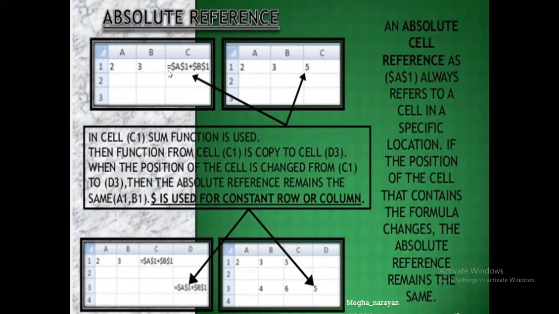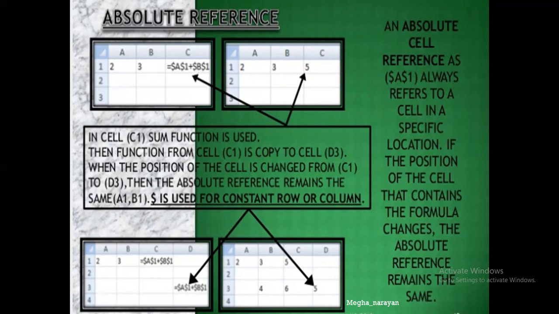How am I using it? Using this formula, starting every time with equal to, a dollar is written for A. That means this particular A column will be kept constant. It will remain fixed. There will be no change. Then a dollar is again used for the B column as well.